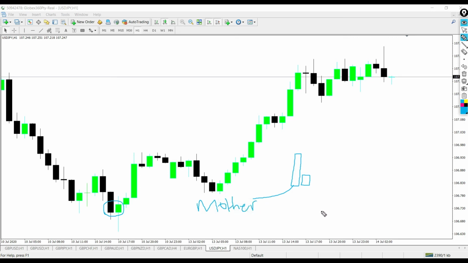This is the mother, and this is the baby. This is the baby candle. So always know the baby is on the right, the mother is on the left. Whether the candles are looking like this or like this.